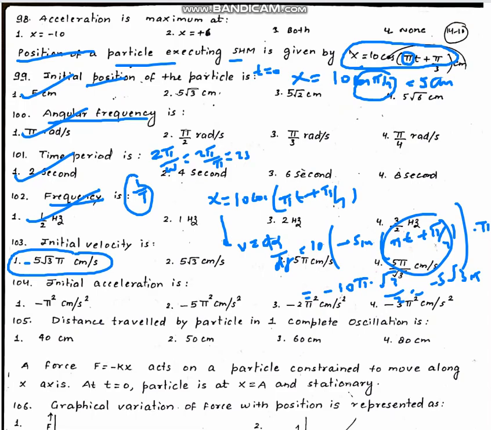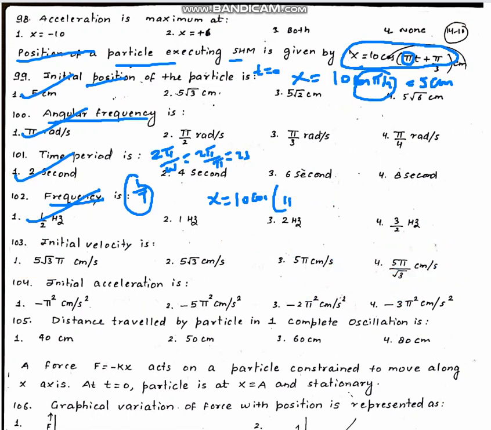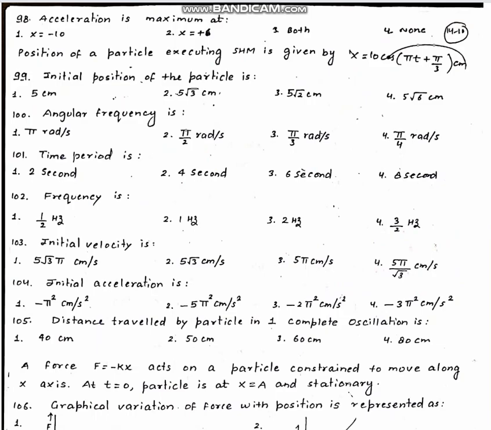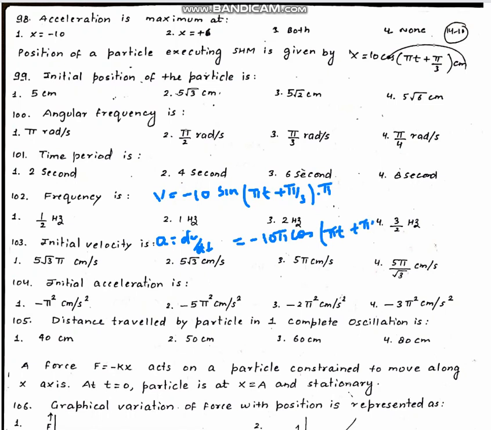Next is initial acceleration. For finding acceleration, you have to differentiate velocity. As velocity here is minus 10 sin(πt + π/3) into π, acceleration will be dv by dt, which will be minus 10π, and differentiation of sine is cos(πt + π/3) into π, so it will be π square.